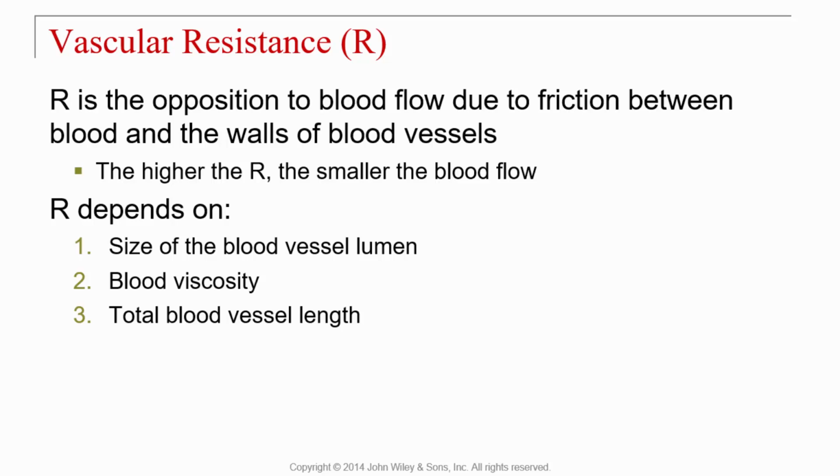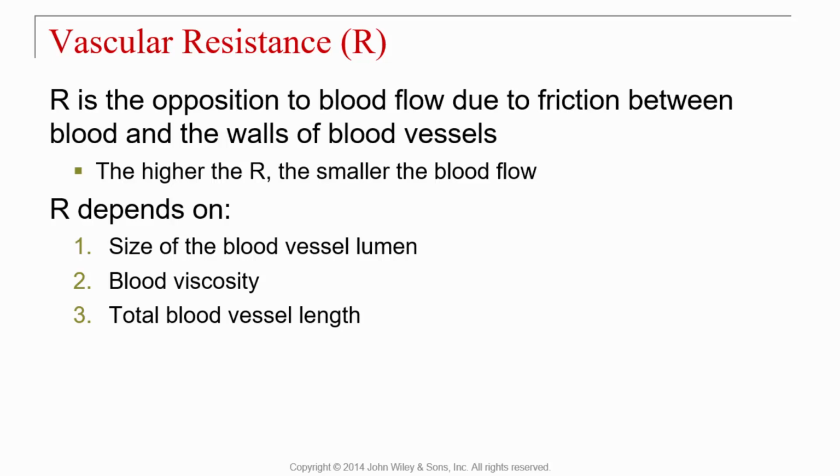Let's think about, again, a garden hose. If you have a small garden hose, you're going to have greater resistance in that hose. If you have a big fire hose, for instance, you're going to have less resistance in there. Blood viscosity. If the blood is relatively thin, you're going to have less viscosity and less resistance.